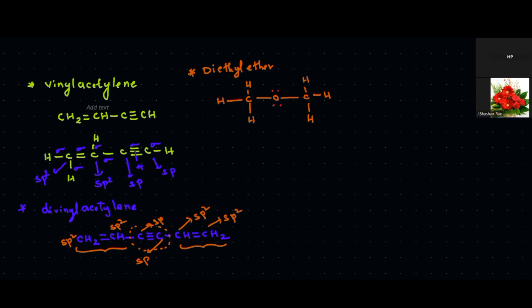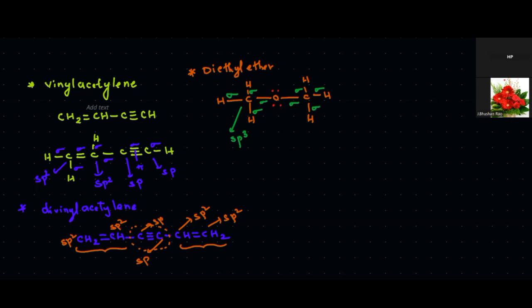So identify the hybridization for this kind of molecule. Hybridization depends on the number of bond pairs and lone pairs. Now it is a sigma, hydrogen sigma, here also sigma, this is the sigma. So this carbon hybridization is sp3. Next, this carbon: 1, 2, 3, 4. Again, this carbon is also sp3 hybridized.